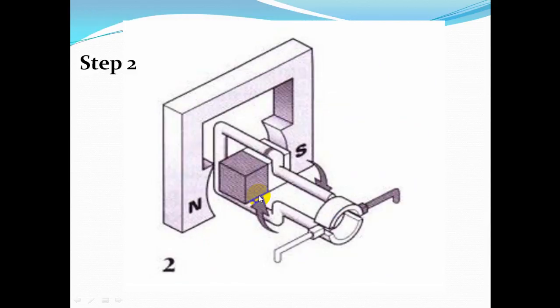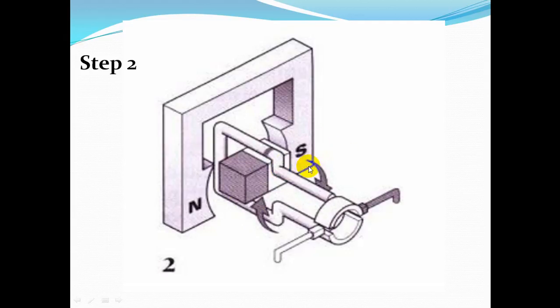In the next step, the armature turns a quarter of a turn. Then electric contact is broken because of the gap in the commutator here. But the armature keeps turning because there's nothing to stop it.